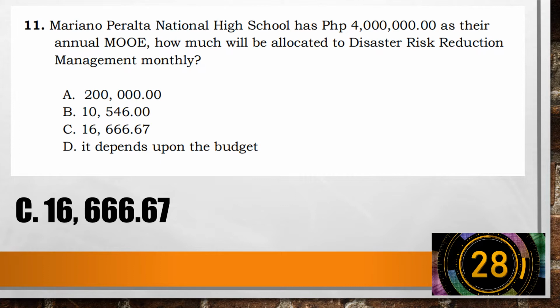So to get the answer, multiply 333,333.33 pesos by 5% using your calculator. Hence, the result would be 16,666.67. So that's letter C.